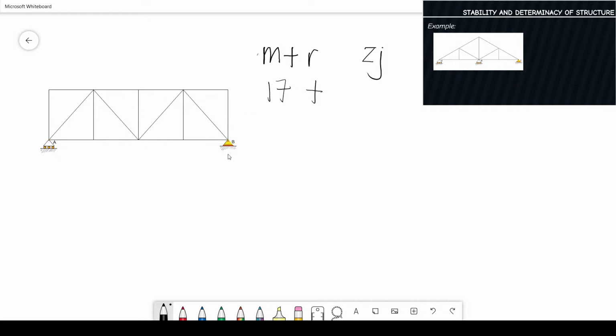Plus reaction. So this is a hinge, 2. This is a roller, 1. So that is 3. Then number of joints is 1, 2, 3, 4, 5, 6, 7, 8, 9, 10. This is 10.